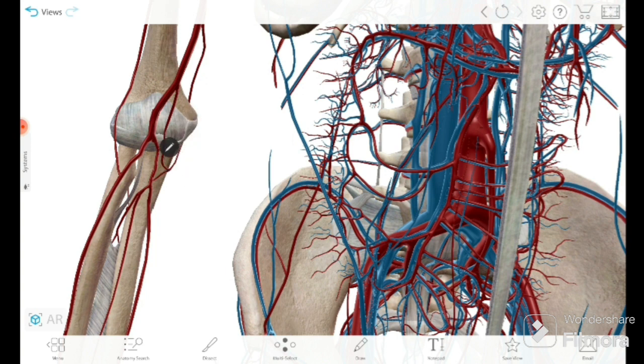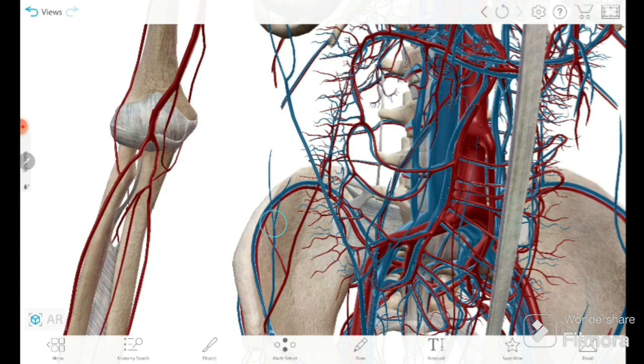The one traveling anteriorly is known as the anterior ulnar recurrent artery, and we can see it is anastomosing with the inferior ulnar collateral artery, a branch of the brachial artery. And the posterior ulnar recurrent artery, this one, is anastomosing with the superior ulnar collateral artery, which is a branch of the brachial artery. So these complete our two ascending arteries.